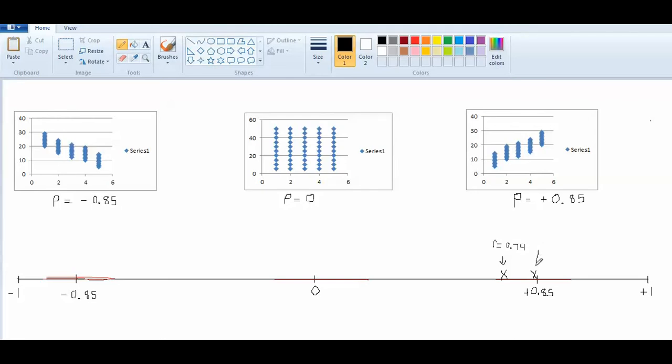This one is basically 0.85, 0.8564. The only reason I put it a little bit below is because remember that the population is actually 0.8578.